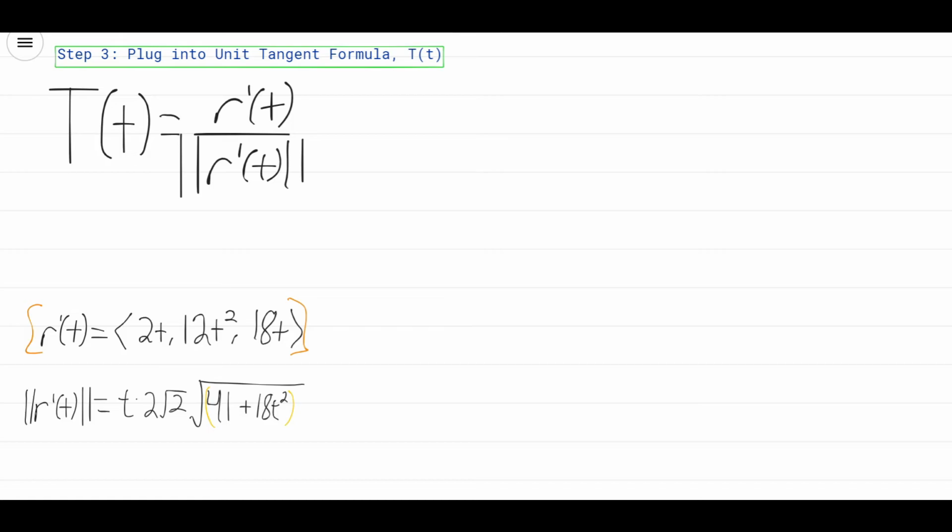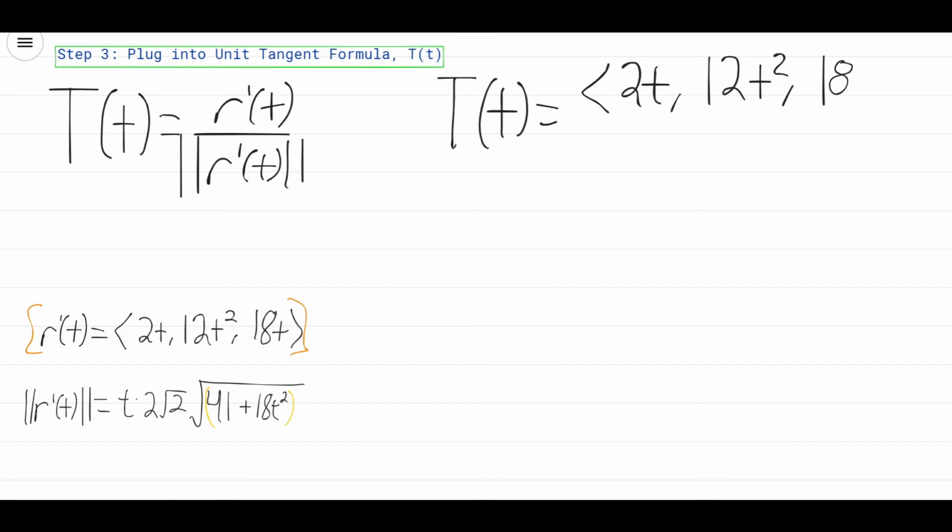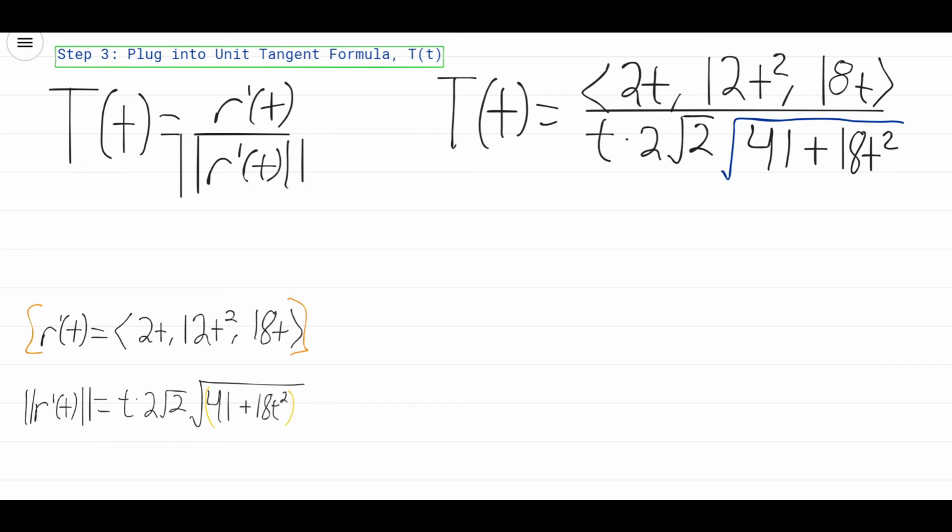So the unit tangent vector is equal to 2t, 12t squared, 18t, the vector r prime of t, divided by the magnitude. So the magnitude is 2t times the square root of 2, plus 41 plus 18t squared inside the square root.